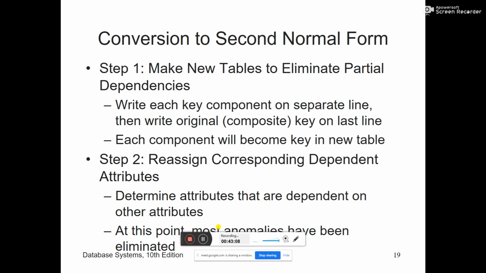What are the steps to eliminate partial dependencies? First, you write each key component on a separate line and then write the original key on the last line. I will discuss this in the second lecture on Sunday.